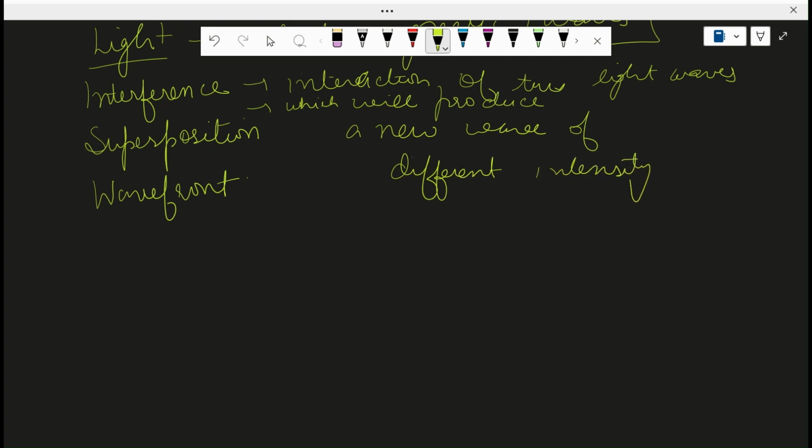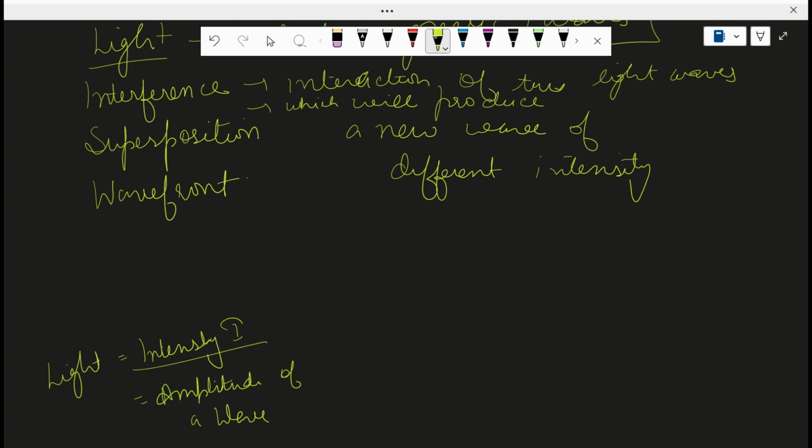Here, in the case of light, if we consider the intensity as I, this is nothing but the amplitude of a wave. Intensity is like the sharpness of a wave, the sharpness of light.